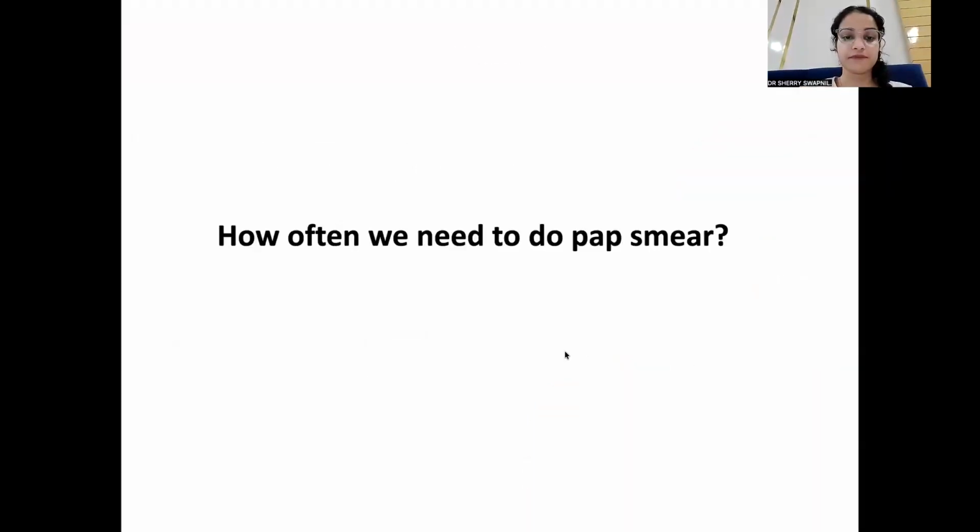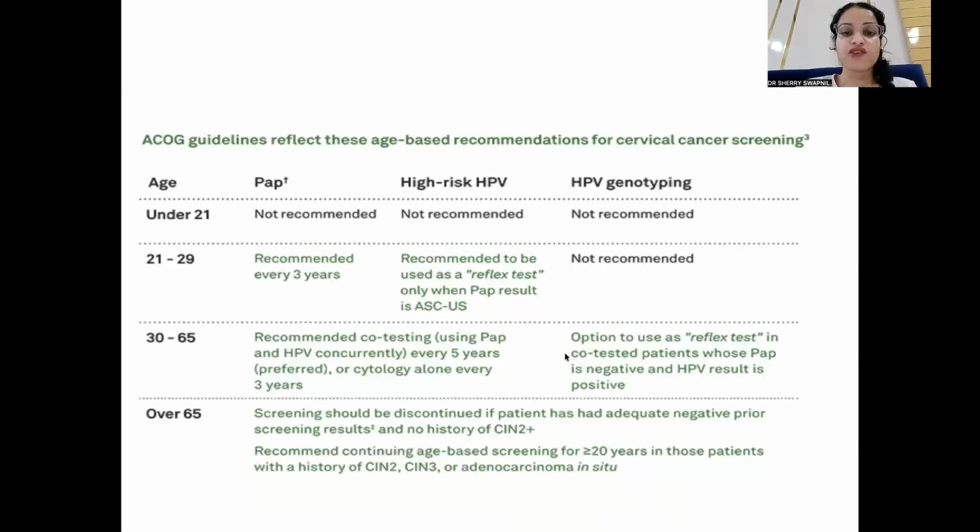So how often do we need to do a pap smear? That's a very important question, and most of the general public don't know when to get a pap smear done. Under 21 years of age, we do not recommend pap smear or HPV screening. For females aged 21 to 29 years, we recommend a pap smear every 3 years.